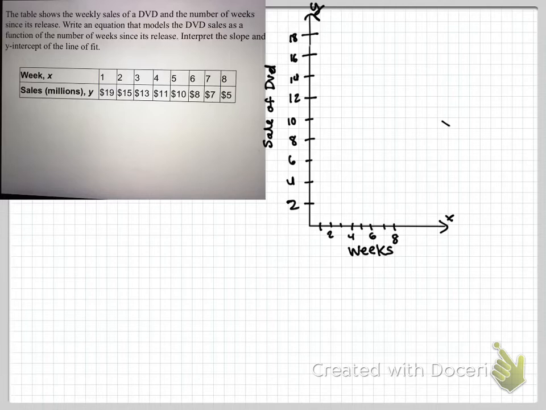So I want you to go through and plot your data. Okay, so I'm going 1 to 19. And then I have 2 to 15. And then I have 3 to 13. And then I have 4 is 11.